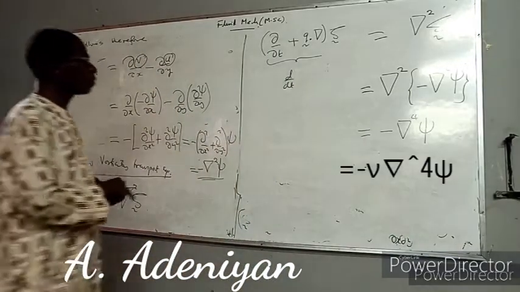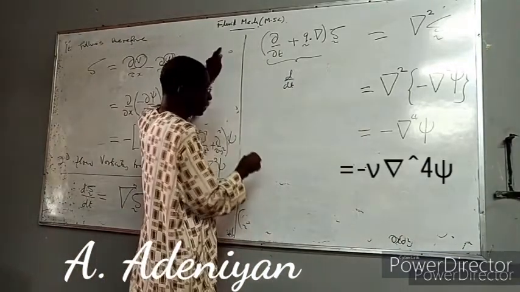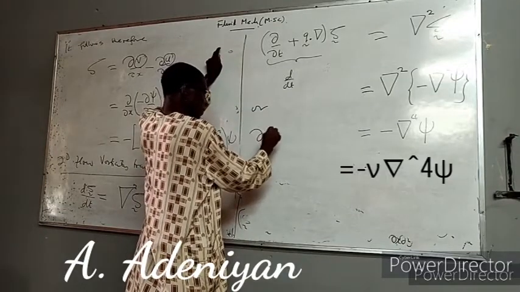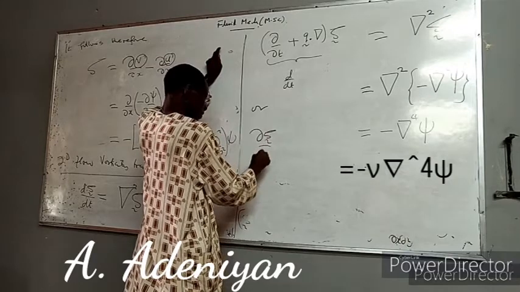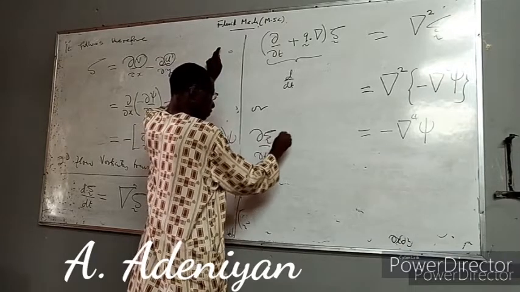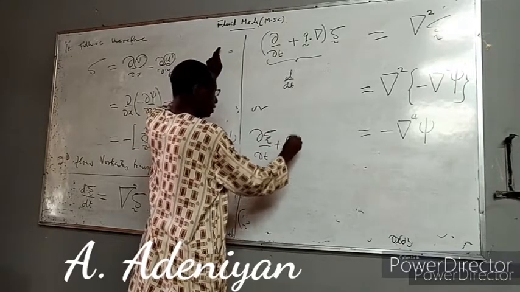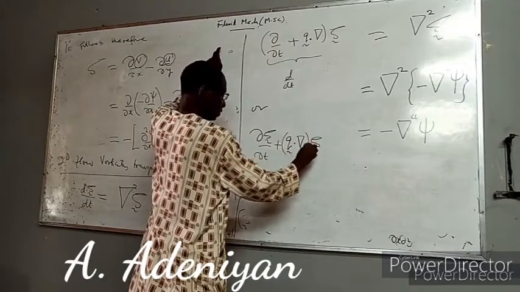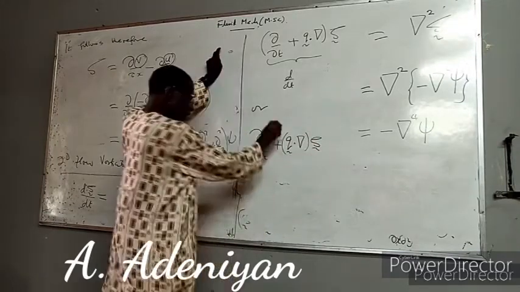Okay, so from here, if the flow is steady, we can write it as ∂ζ/∂t plus q dot del zeta is equal to this.